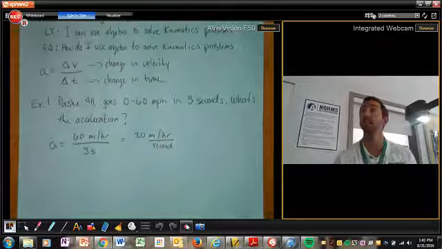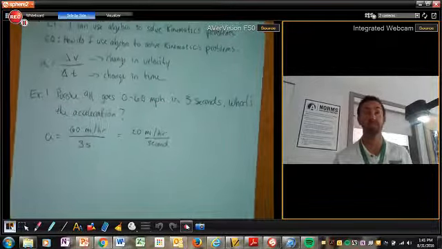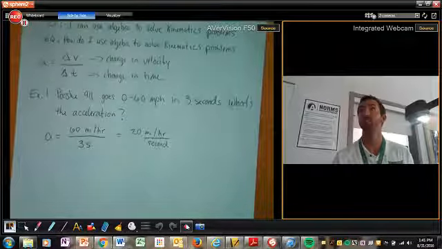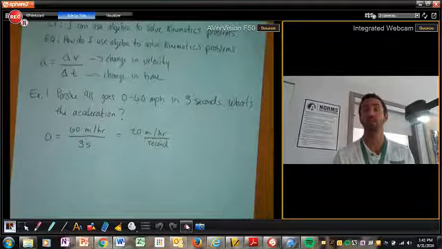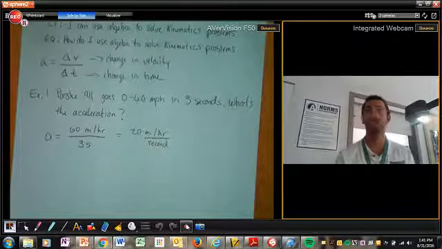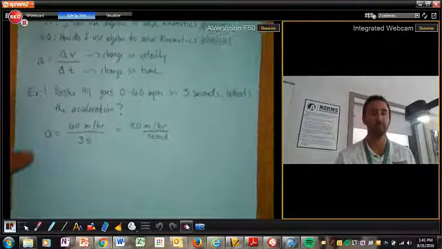That means every second this Porsche is going 20 miles per hour faster. So after 1 second it's going 20 miles per hour, after 2 seconds it's going 40 miles per hour, and after 3 seconds it should be going 60 miles per hour. That's what an acceleration is. Got it?